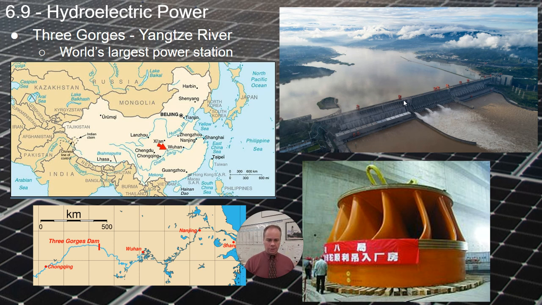We can see the reservoir created behind the Three Gorges Dam. And again, this is impacting people, communities, and animals. Organisms that utilize this area have been displaced by the creation of the Three Gorges Dam.